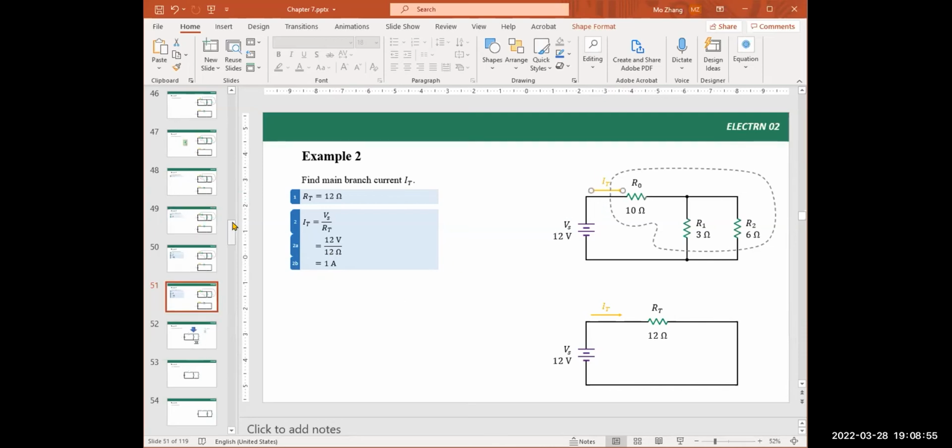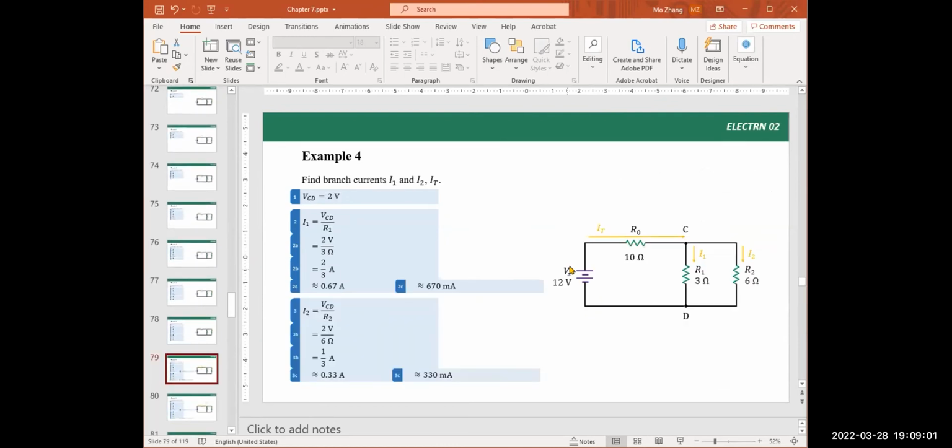IT, we calculated it. Now let's go back to slide 79. Even though we know it's 1 amp, let's use this and that just to verify it's right.